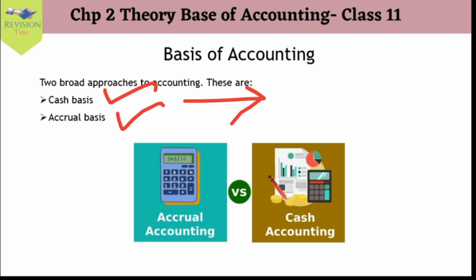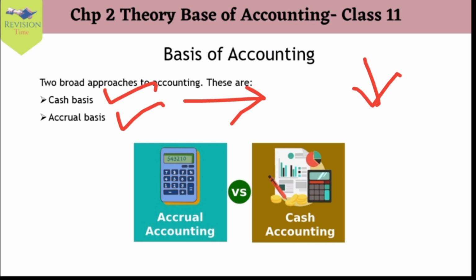For example, let us take an example that you had to receive a rent for the month of January, but you did not receive it in January, you received it in month of March. Now, since your business is following the cash basis of accounting, you will record this in the books of account only when you have received the cash.